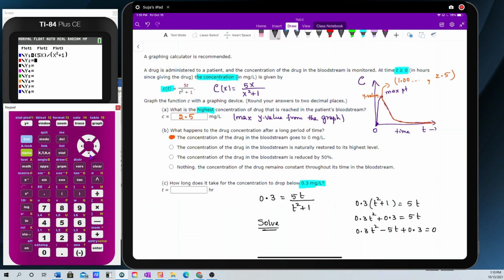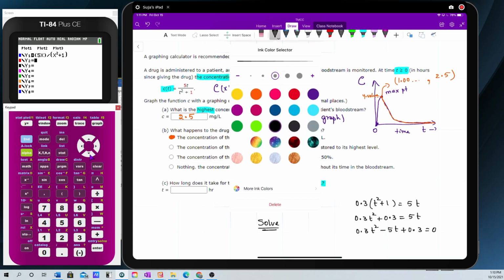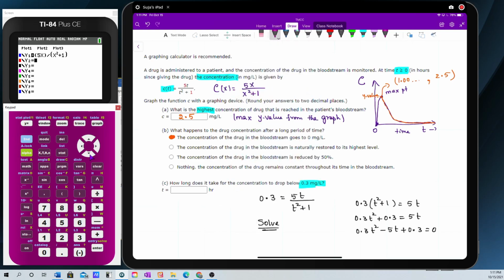So what I would do is graph y2. Since y1 already has 5x over x squared plus 1, I'm going to put y2 equals 0.3. This is going to be a horizontal line, so 0.3 will be somewhere here.